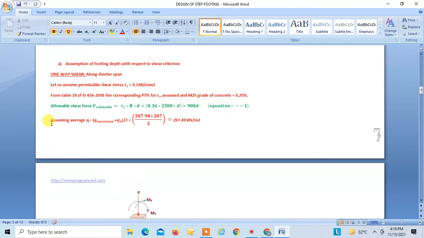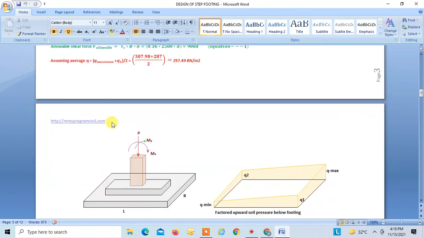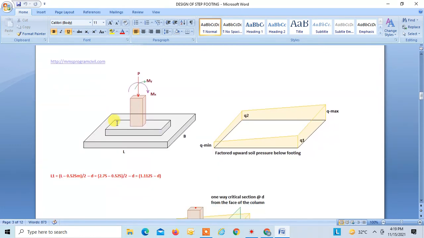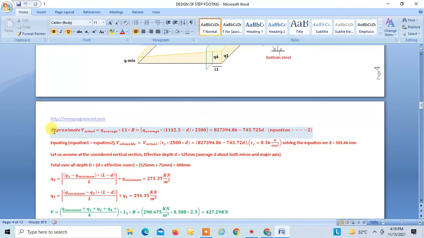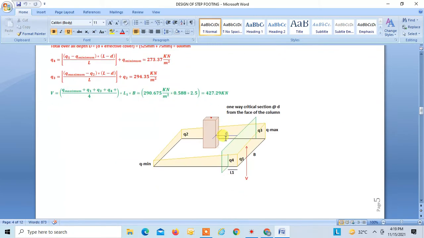Okay, now averaging the stress Q, we'll see this later, just let us move forward. Now to get the second equation, that is V actual, the shear force which is acting upwards, which has to be resisted by this section, we assume that V actual is equal to V allowable.